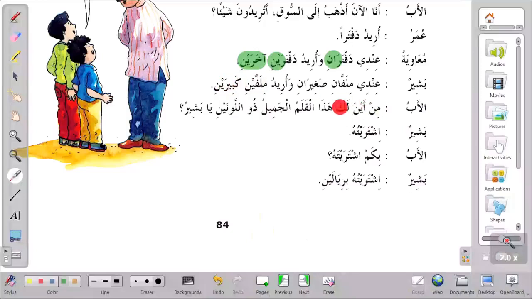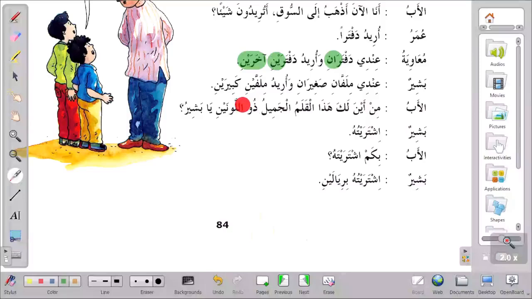The father says, "Min ayna laka hadha al-qalamu al-jamil?" When we say min ayna laka, it means where did you get it, this beautiful pen, zullawnaini, with two colors.